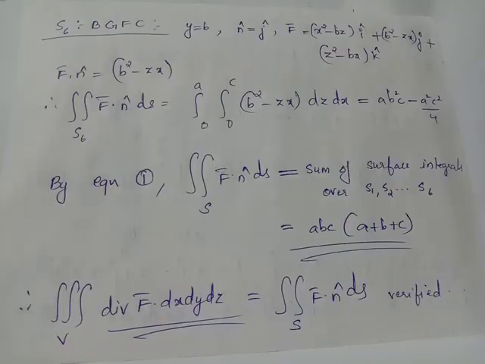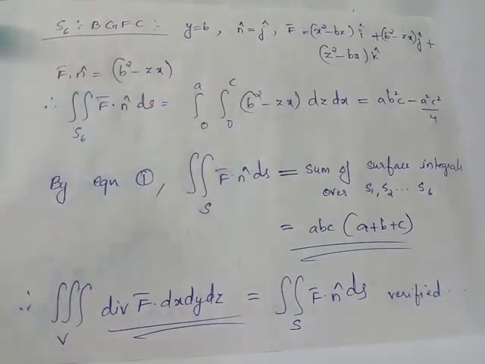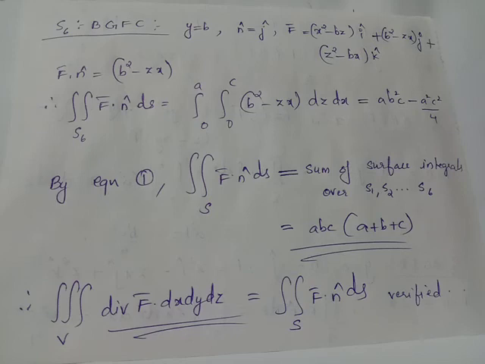Similarly, along S6, which satisfies the equation y equals b, you will give y equals b in the given expression of vector field f bar, and you get the vector field f bar as this expression. You take the dot product between f bar and n cap, which will give b square minus zx as the answer. Therefore, the integrand becomes b square minus zx. You carry out integration with the limits of the variables already known. In all cases, we have constant limits, which gives us the freedom to follow any order of integration.